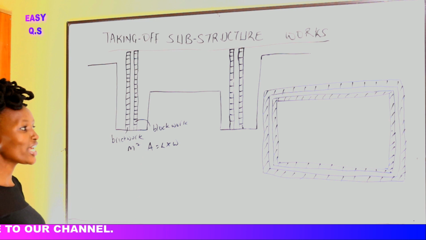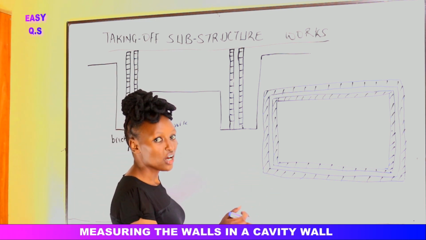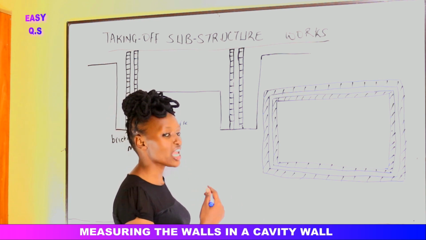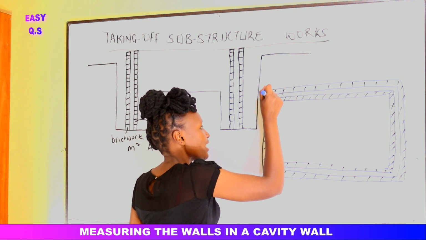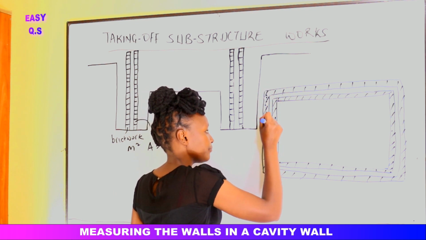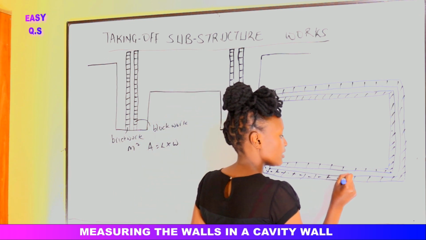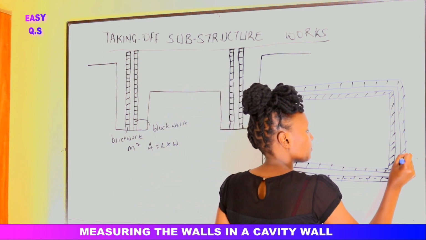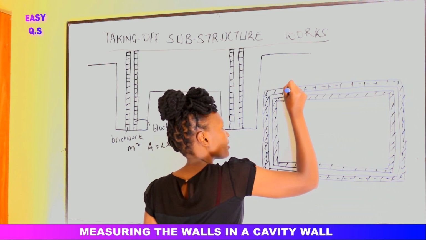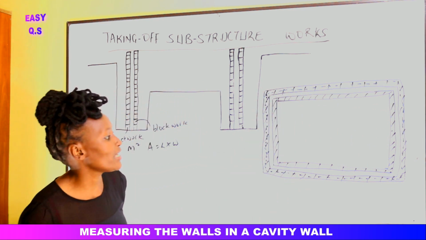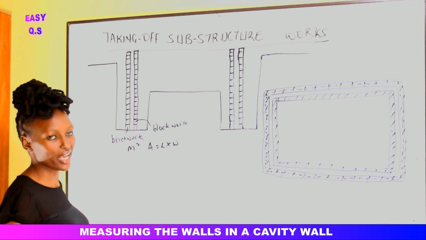So once we are measuring for the brickwork, which is the outer skin, so that we can measure the area of the brickwork, we need the center line of the brickwork. The center line will be this line here. So this is the center line, passing through the center. That center line, we then multiply by the height of the brickwork, right?